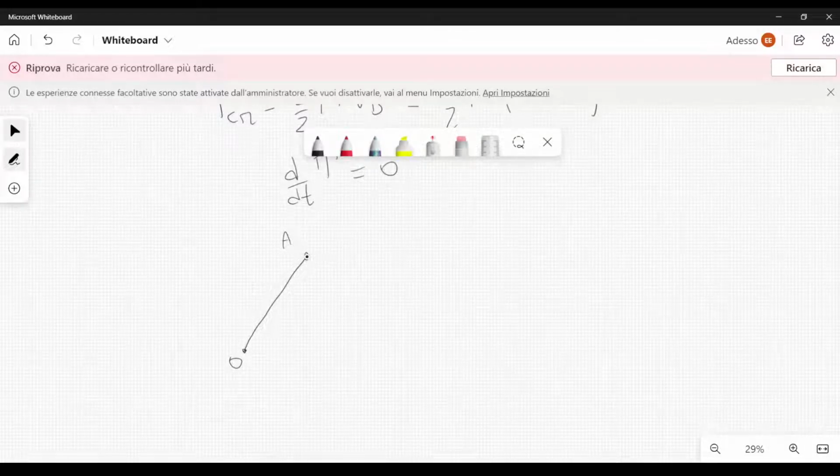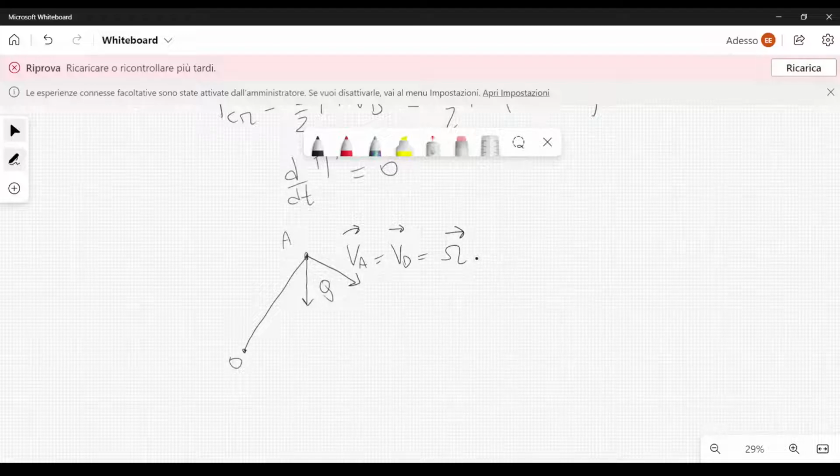Then here, if we draw the force Q, that we know is applied to the point D, but let's assume that we can draw Q here, and if we draw the velocity Vd, which is equal to Va, we know that it is perpendicular to OA, because Va or Vd, they are the same, is equal to the angular velocity omega cross product the vector OA.